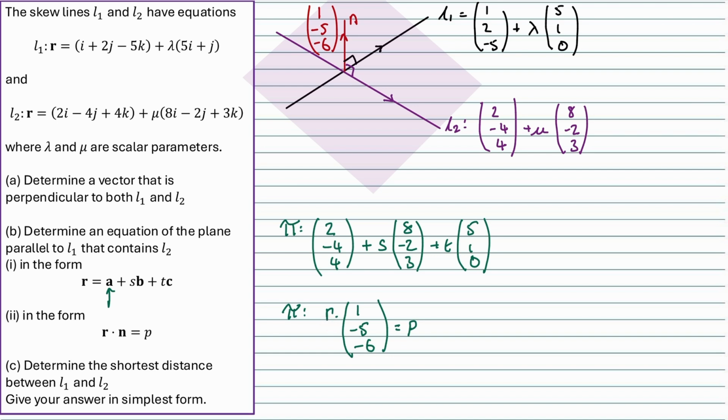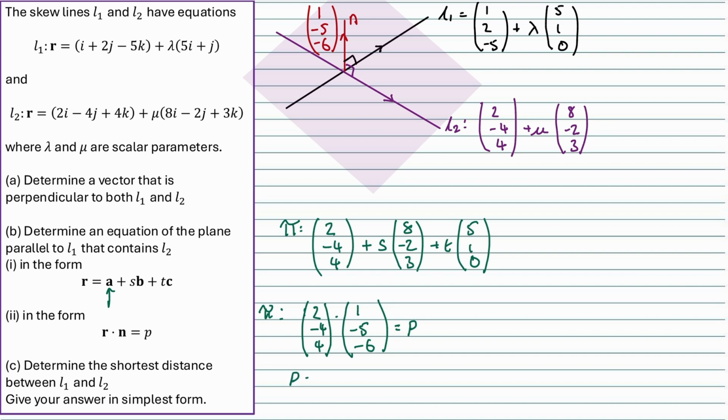Well, we know this must be a point on the plane, so we can substitute this point from L2 into r. So we'll have (2, -4, 4), I'll just move this over here, dotted with the normal vector. And this will allow us to work out p, the constant.